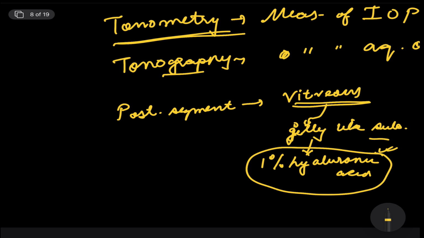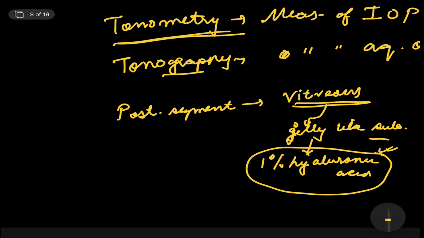What the function of the vitreous is, again, we'll talk about later. So these were the spaces within the eye, and with this we finish the overview of the eyeball as such, as far as its anatomy is concerned. Now from the next video onwards, we'll be dealing with the individual layers or parts of the eyeball in detail.